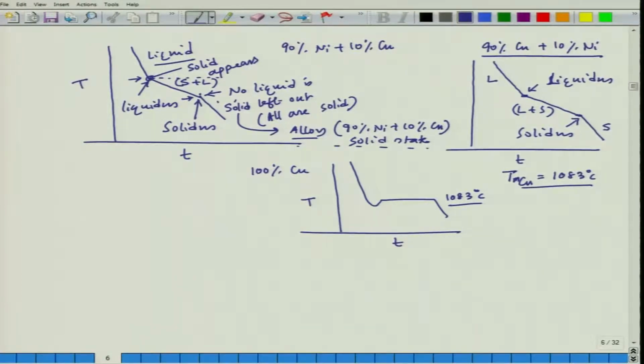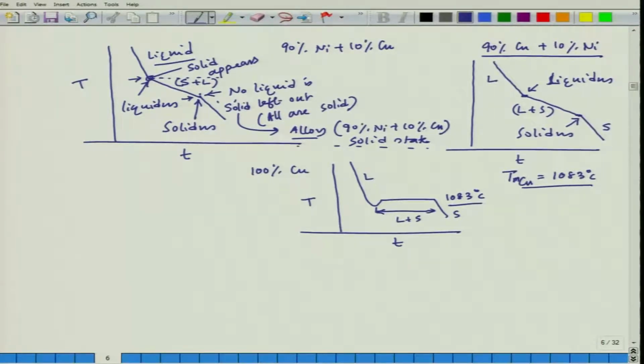Now here also, in this zone, I see that liquid is gradually converting into solid. So it is a mixture of liquid plus solid, and here it is liquid and here it is solid, but in all those cases those are pure substances. The only difference is that in the case of an alloy we have a slope, and we will come to know why.